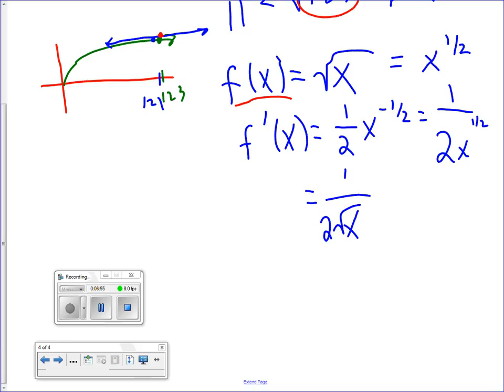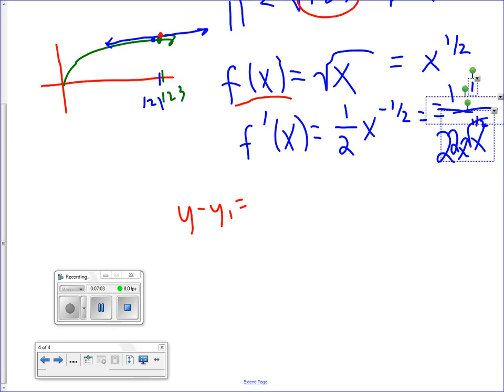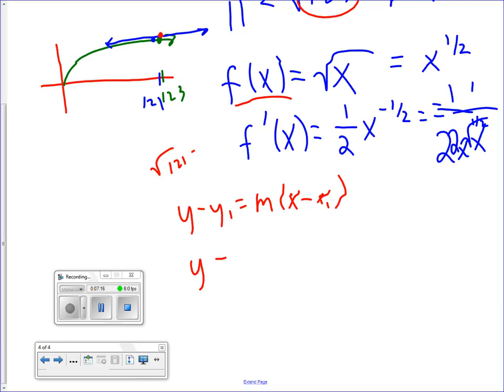We're going to use our linearization, which is really just point slope form. I'm going to write it over here. So the output of the square root of 121 is 11. The slope is 1 over 2 times the square root of 121.